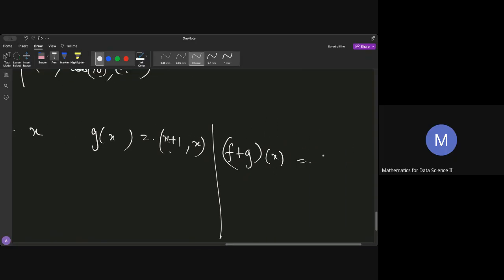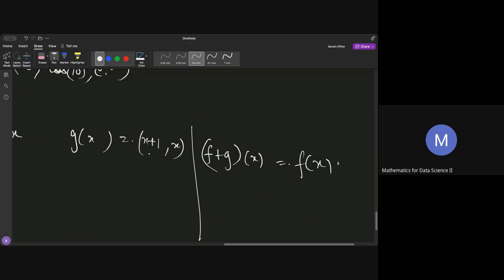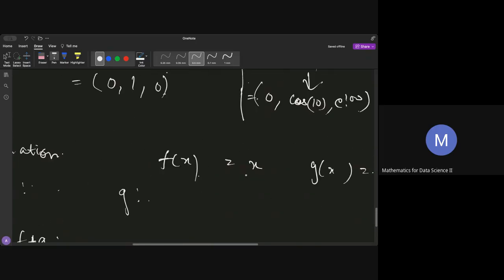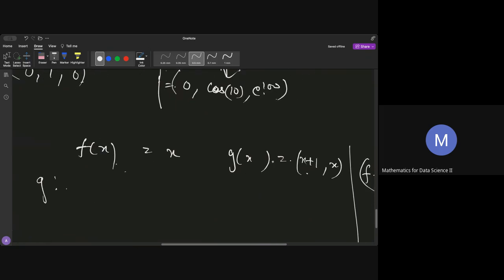If you have one variable functions, we used to define this as f(x) plus g(x), right? We first find the value of f at x, then the value of g at x, and then add those two values. So if I want the sum of these two functions to be defined, then my codomain, the range part, should be of the same dimension.